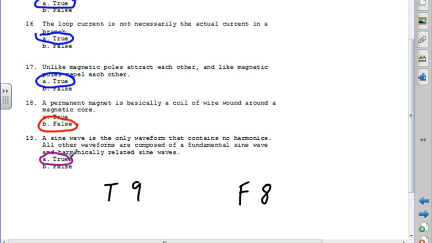Well, because in electronics, we consider the sine wave to be the sine wave. The cosine wave is just 90 degrees out of phase with the sine wave. It's the same wave. And so we wouldn't overread the question to call it false based on a cosine wave also containing no harmonics.